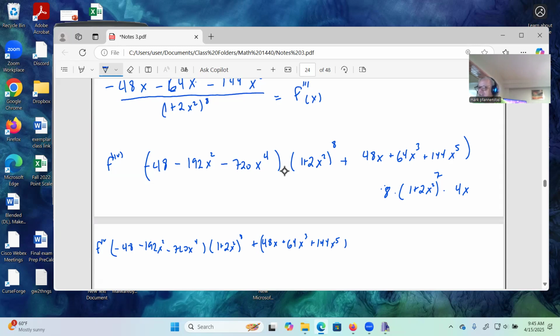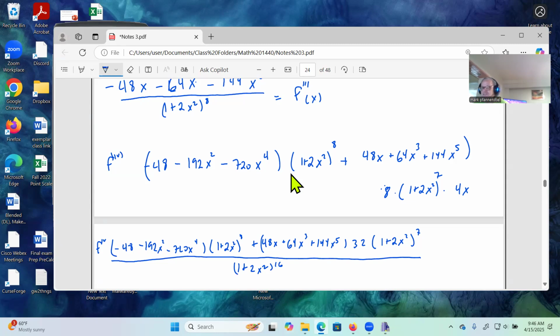So this is the first times the derivative of the second. So this is 32 times 1 plus 2x squared raised to the seventh power. So the first times the derivative of the second. And this is all divided by 1 plus 2x squared. And it was eighth to the bottom here, so it's going to be squared again. So we're going to have a 16 down here. Okay. So that's our fourth derivative.